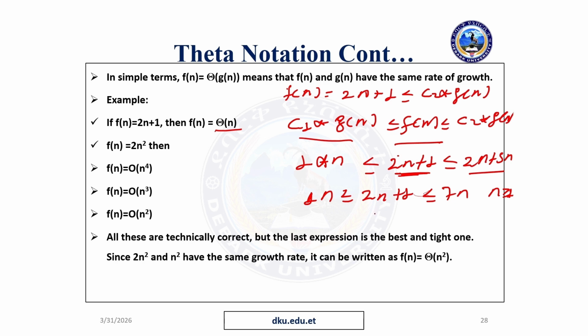So this is a possible answer. The value of c1 will be 1, and this one is c2, and this one is g of n, and this one is f of n. Actually, instead of 7 we can replace it with 3 also.